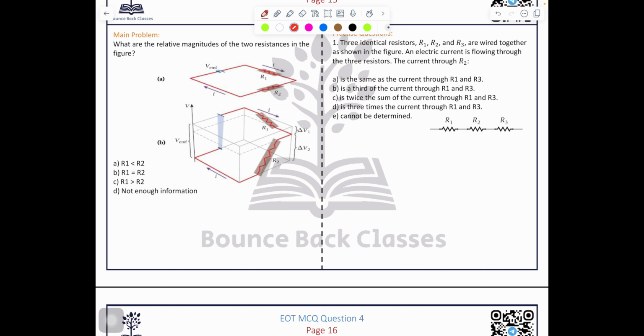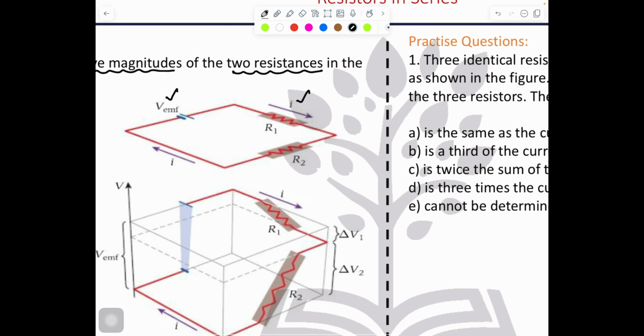What are the relative magnitudes of the two resistances in the figure? If we see figure number 1, we have the battery, V EMF, current I, and both are connected in series. Just check why they are connected in series.